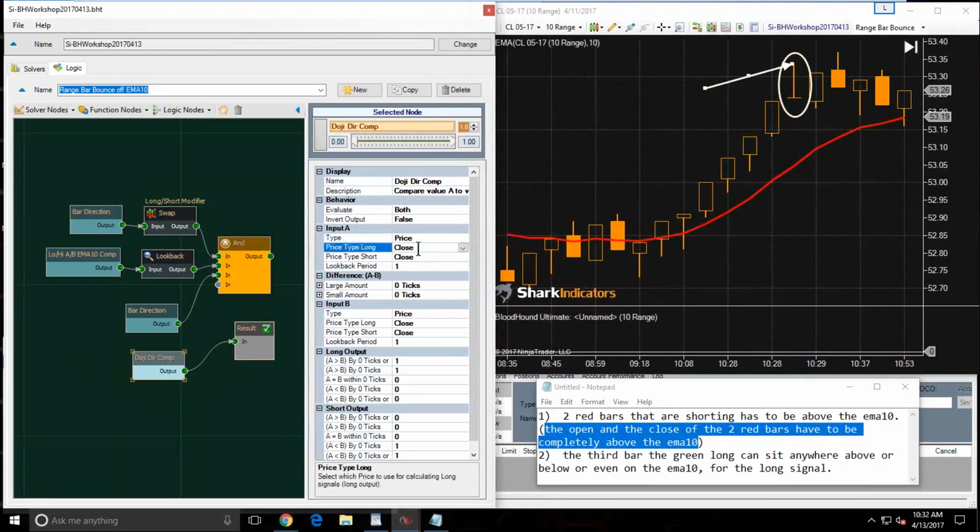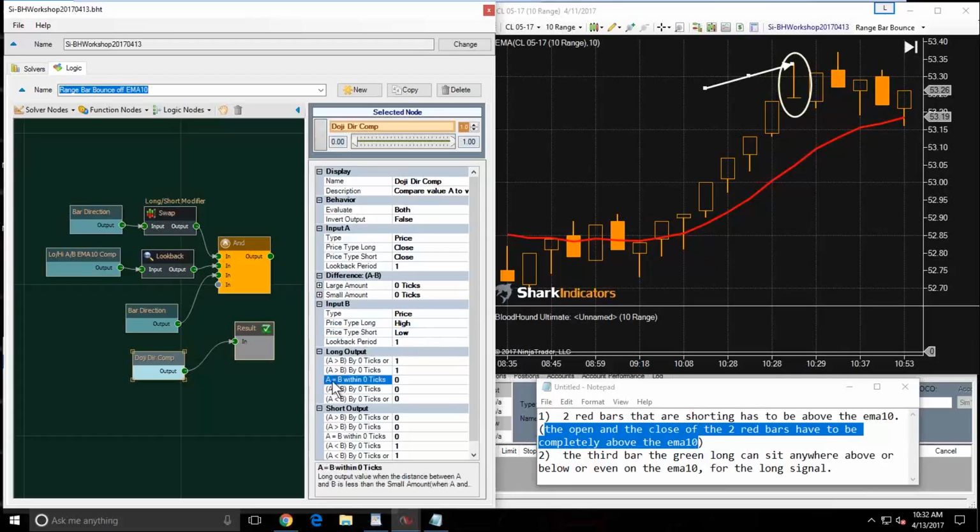And then for A, we're going to see, does the closing price equal, for an up doji, we're comparing the closing price to the high of the bar, and for a short it would be the low of the bar, like so.